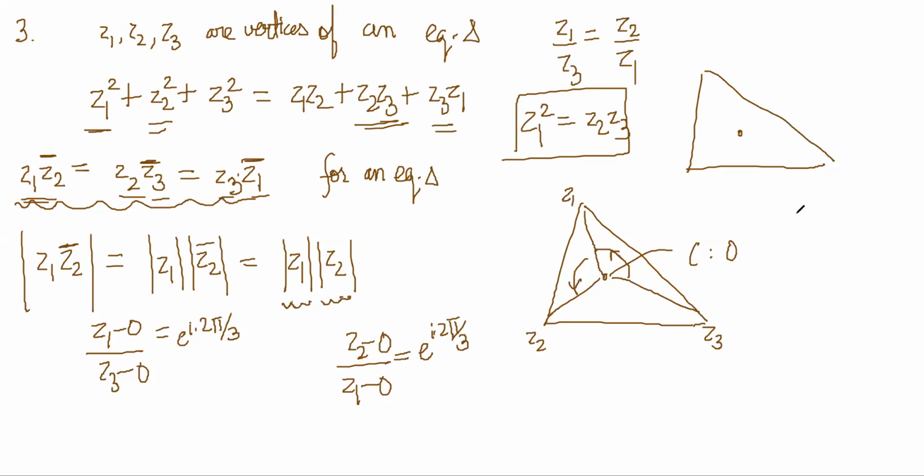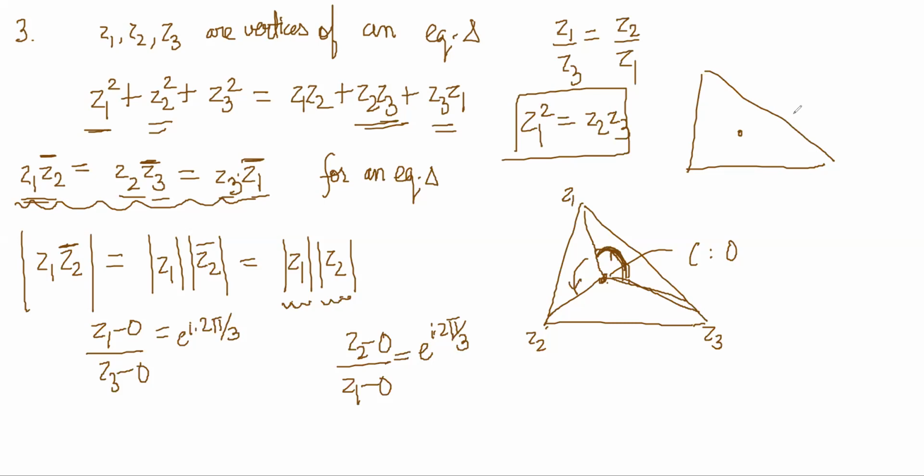How did I get it? I got it by saying that if you take the center, then mods are equal, and take one angle between this, 2 pi by 3 angle. So Z1 minus 0 by Z3 minus 0 is equal to Z2 minus 0 by Z1 minus 0, because mods are equal. Because of which now we are getting the ratio of the complex numbers are equal.